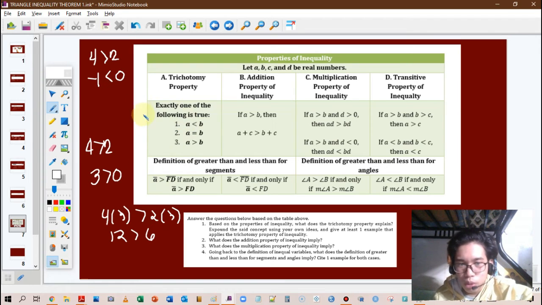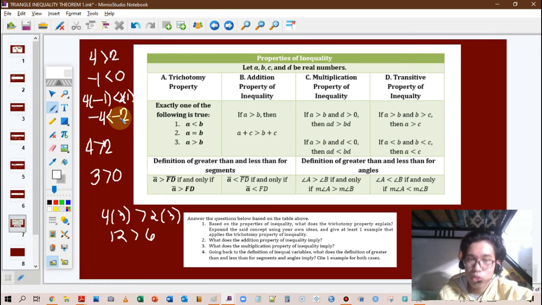If we multiply that, that's going to give us 4 times -1. So therefore BD is going to be greater than AD here, and that's going to be 2 times -1. And indeed, if we solve that, it's going to give us -4 is less than -2.